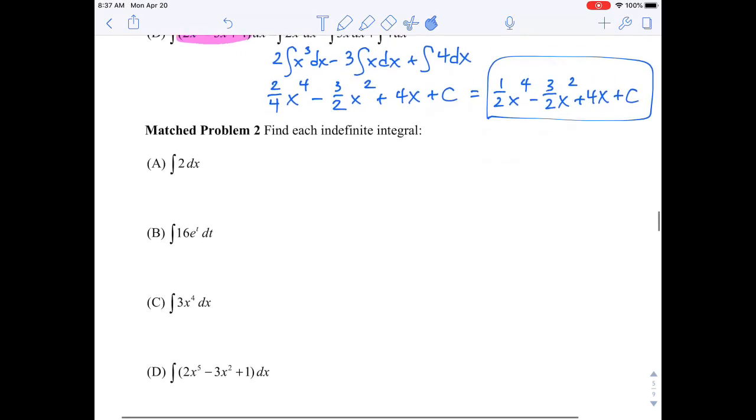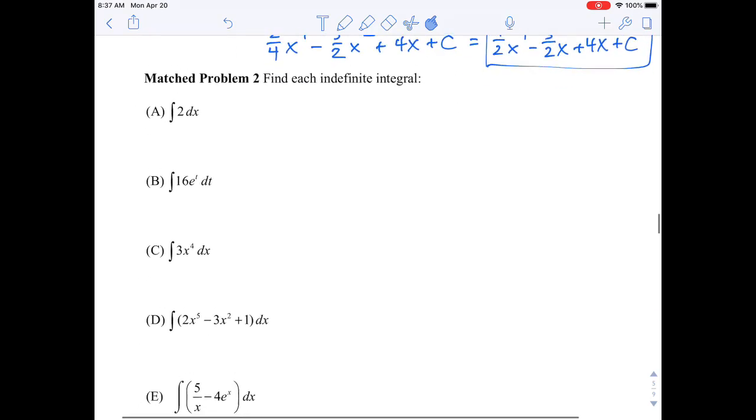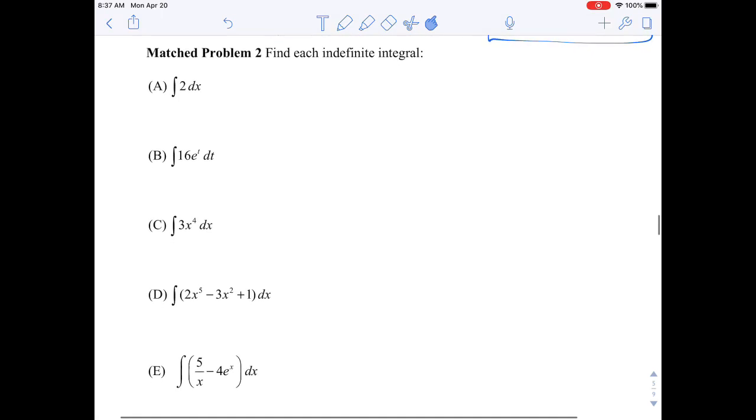Okay, I'm going to have you go ahead and try the match problem set, A, B, C, D. You'll have some questions. I'm going to go ahead and do E for you.